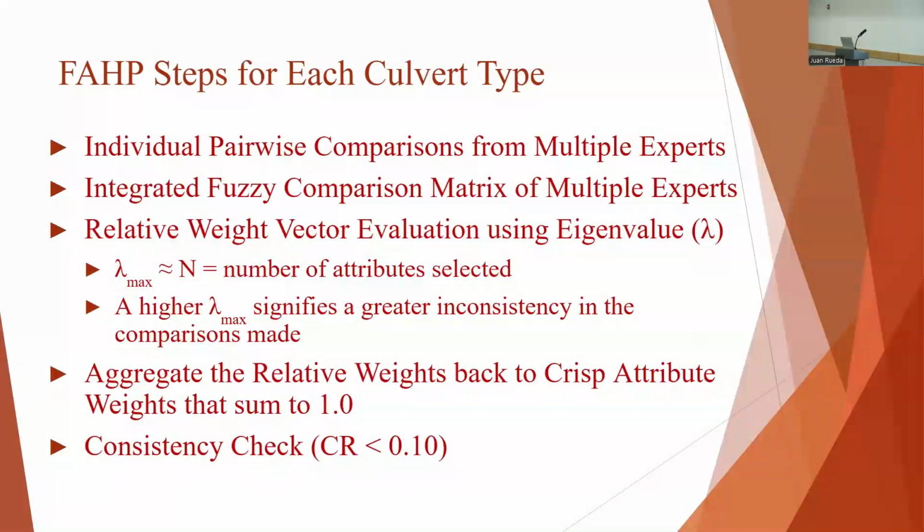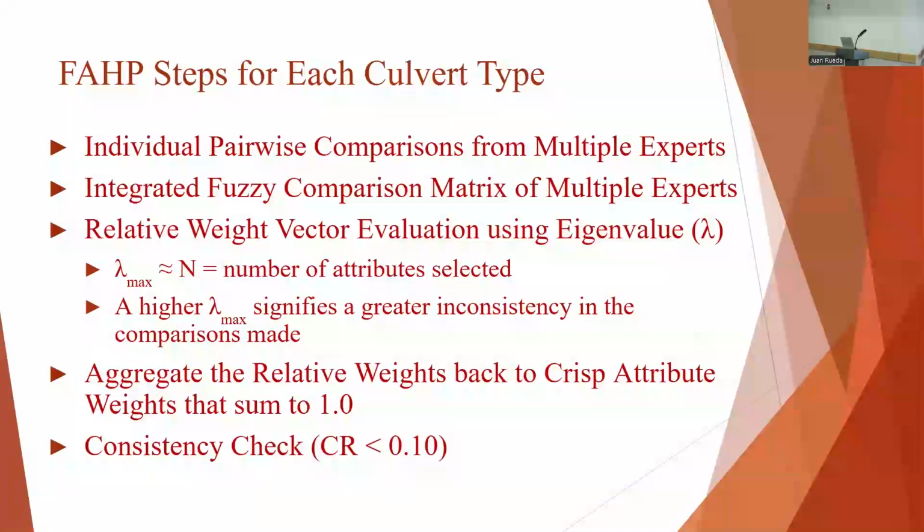And that's important. Your eigenvalue here, the maximum, should equal about the number of attributes if things are good. So our number is 5, so we should have something pretty close to 5. The higher that number is, the more inconsistency you have in your judgment, in your comparisons.